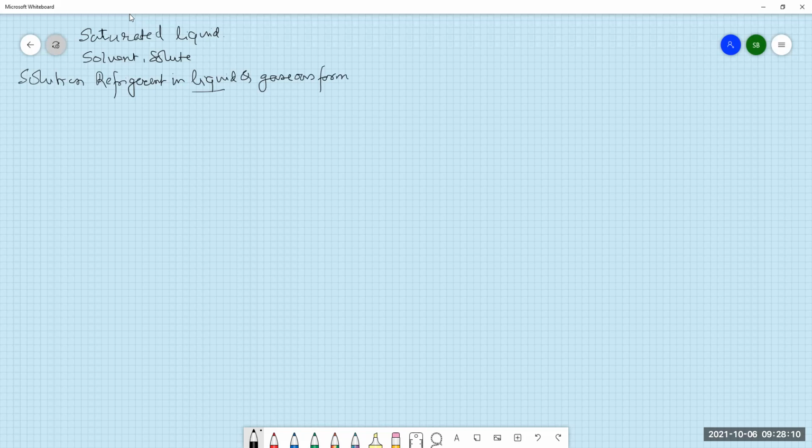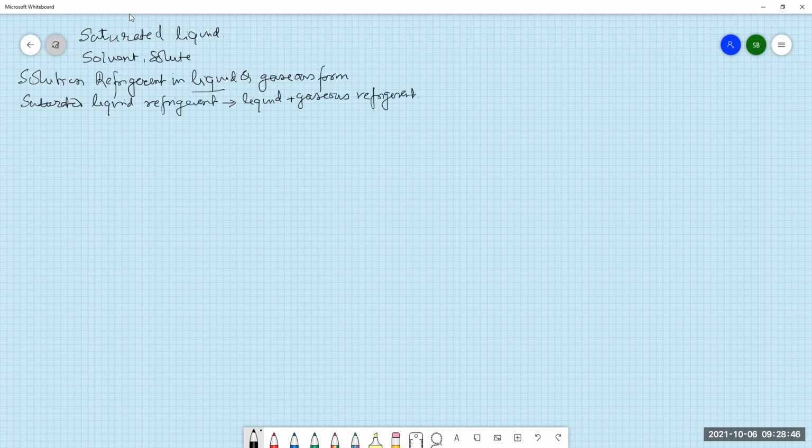That too, up to a certain limit of temperature and pressure; everything will change according to it. So saturated liquid means refrigerant containing liquid plus gaseous refrigerant, which is saturated here.